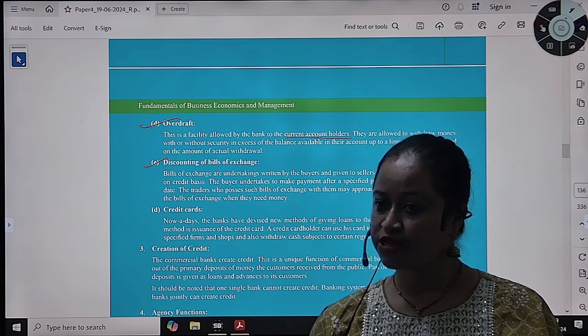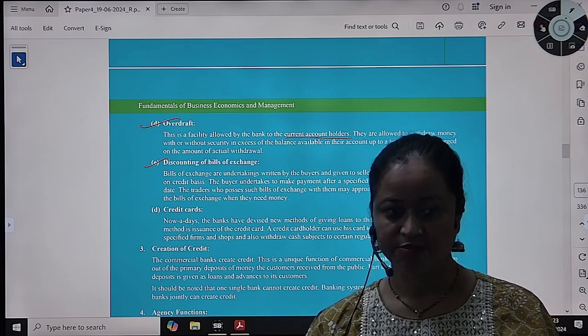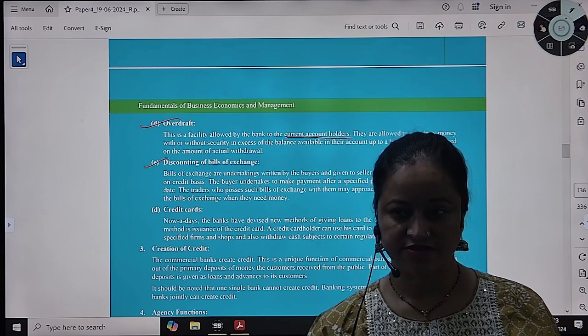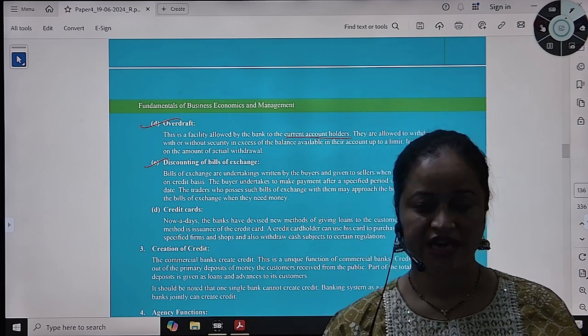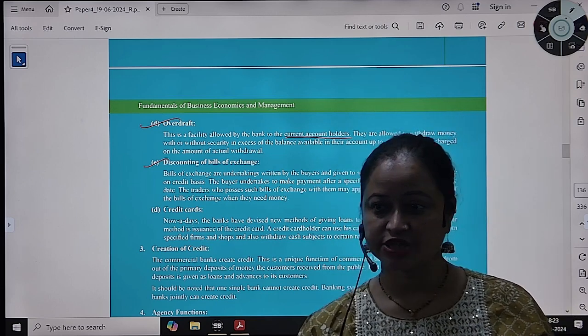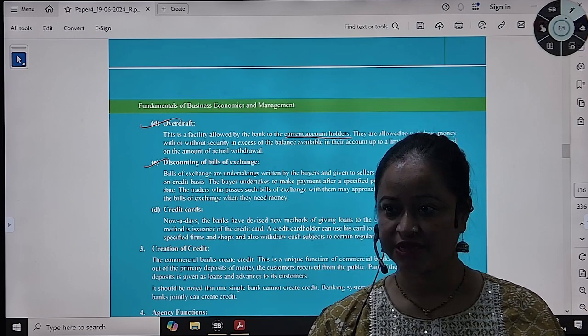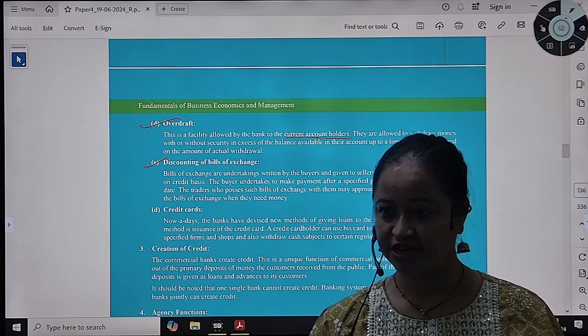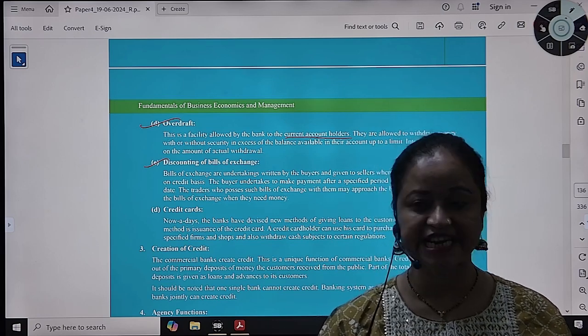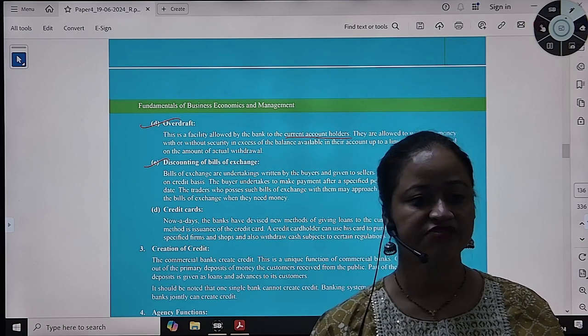So you can go to the bank with that bill of exchange, and you can discount it. If the bill amount is 5 lakhs and the bank is charging 1%, how much will the bank take from you? 5,000, right? The bank will give you 4,95,000 and charge 5,000 from you.